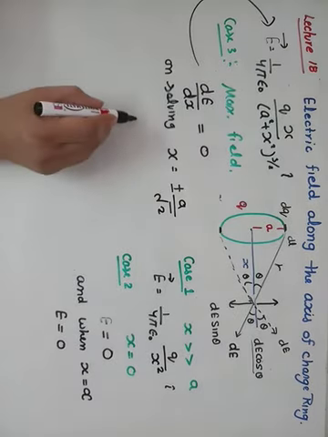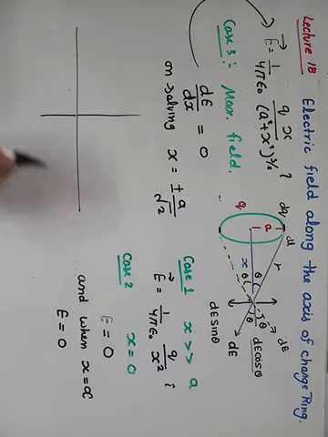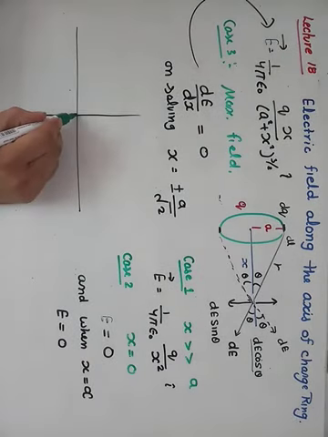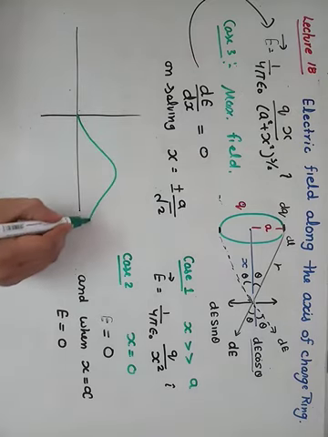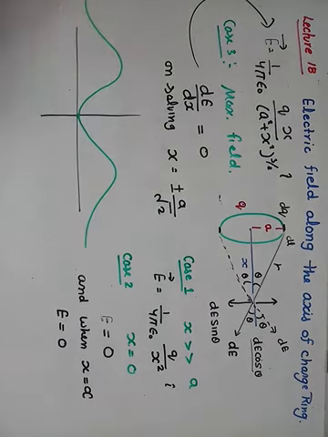Now, if we plot the graph for this, the pattern of the graph will be like this. It is 0 at the center, like this.